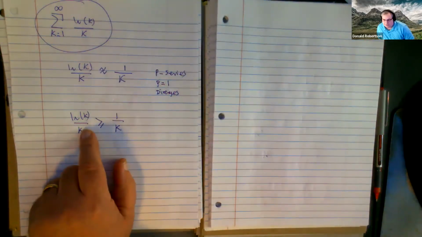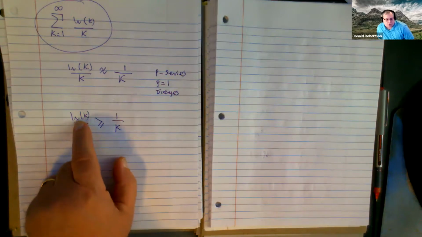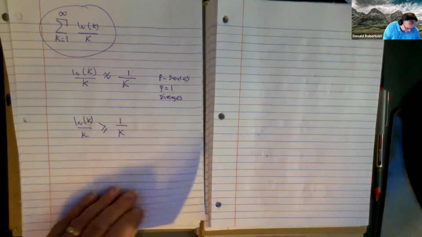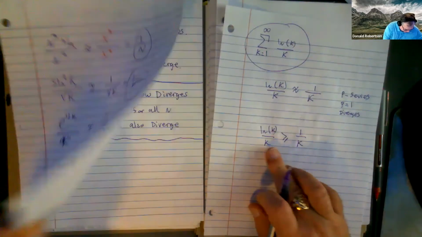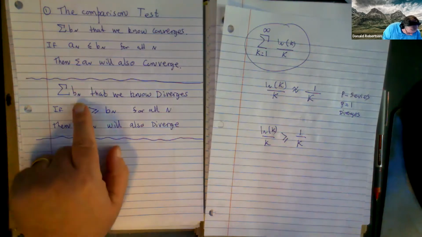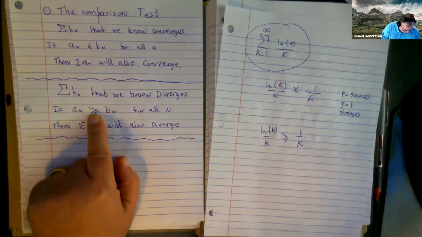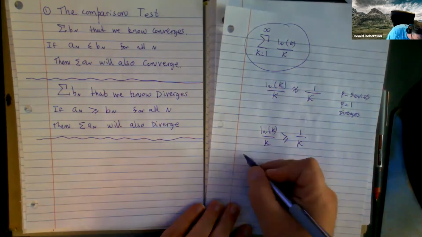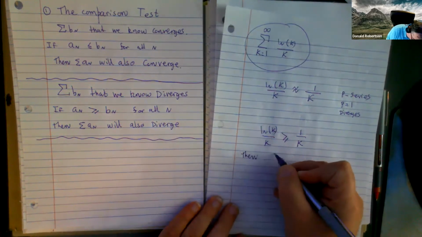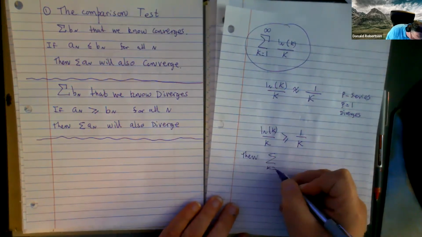And is it true that the original is bigger than or equal to 1 over k? And the answer is, in this case, that is true. Because won't log of k be bigger than 1 once k is 1, 2, 3, 4, and so on? If you can prove that your guy is bigger than a diverger, then the original series also diverges.